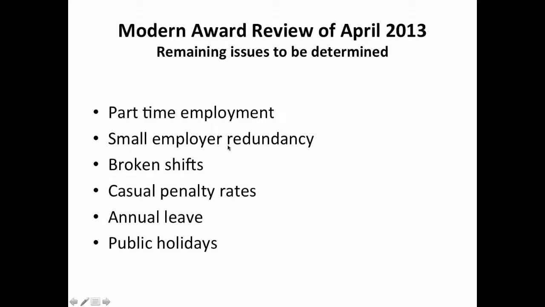The ASU is also seeking to reinsert the small employer redundancy provisions. They seem to be less of an impost on smaller organisations. The entitlements are not as great as the NES. In terms of broken shifts, the ASU are looking to put in either an allowance or some type of penalty rate around those broken shifts.